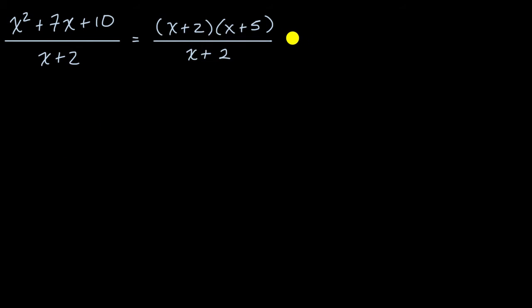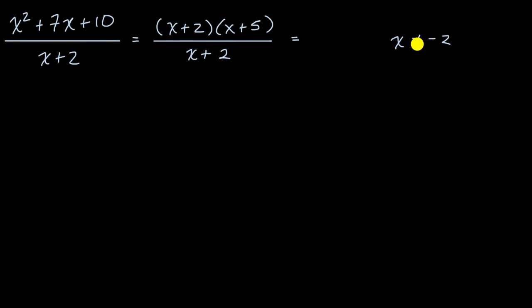As long as x does not equal negative 2, because if x equals negative 2, this whole expression is undefined, because then you get a 0 in the denominator. So as long as x does not equal negative 2, we can divide the numerator and the denominator by x plus 2. Once again, the reason I put that constraint is we can't divide the numerator and the denominator by 0.